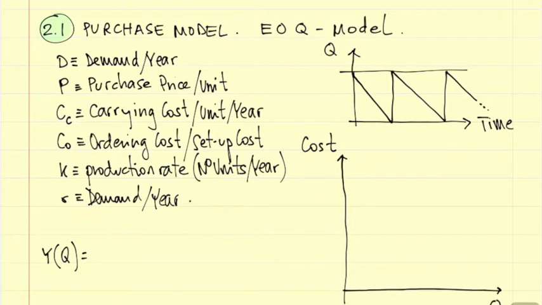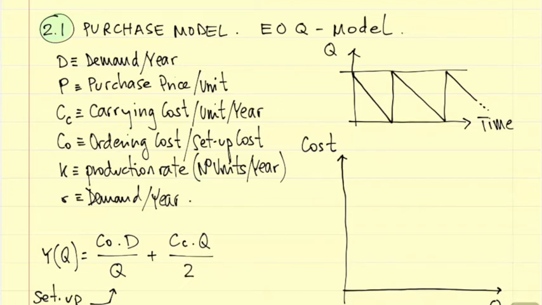So this is A and this H. Setup cost is, so this function is CO times D divided by Q. Okay, this is giving our setup cost plus some carrying cost times Q divided by 2.